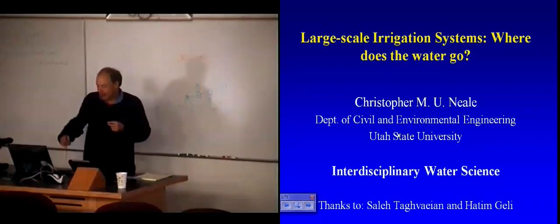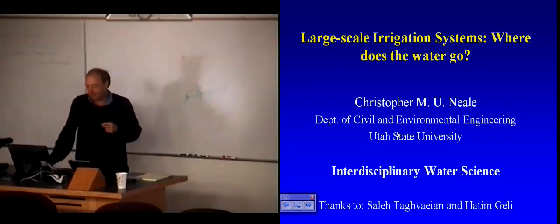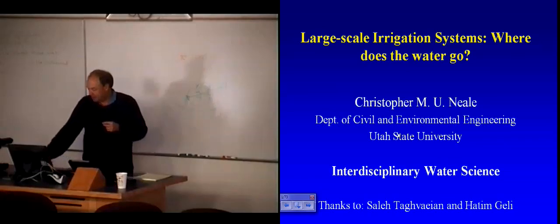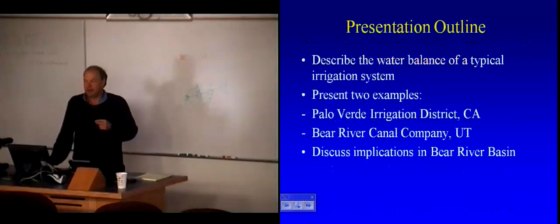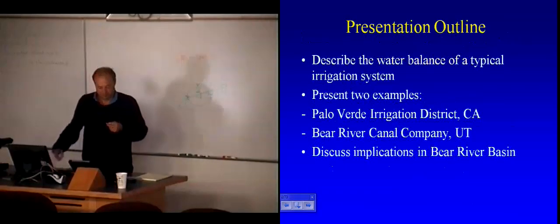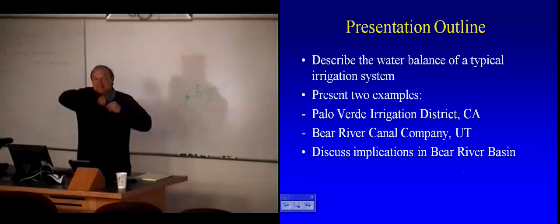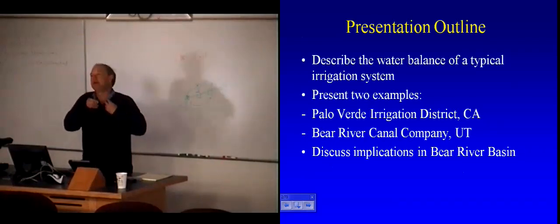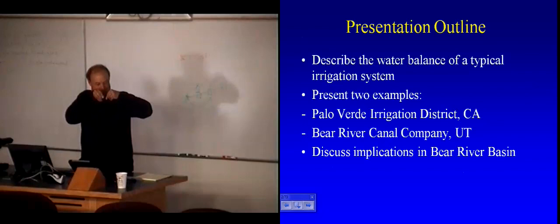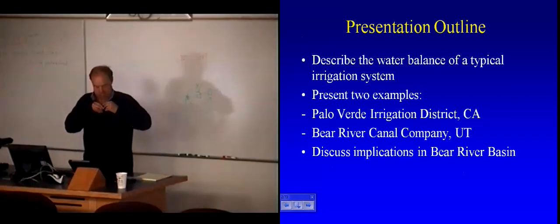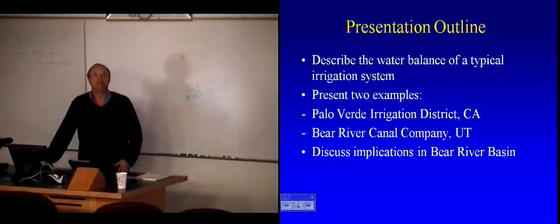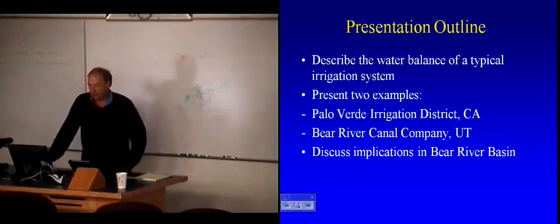It can be from evaporation from reservoirs and canal water surfaces. And it can mean deep percolation that becomes unusable because it picks up salts, for example, or the water quality is degraded to a point where you can't economically use that water any longer.